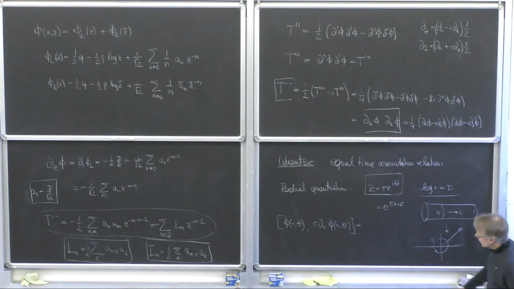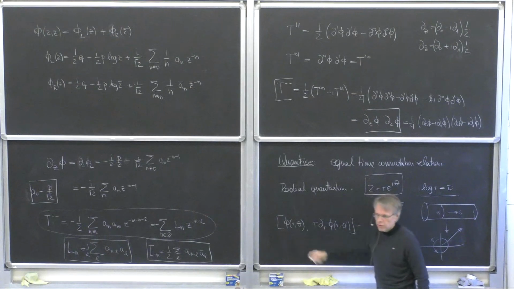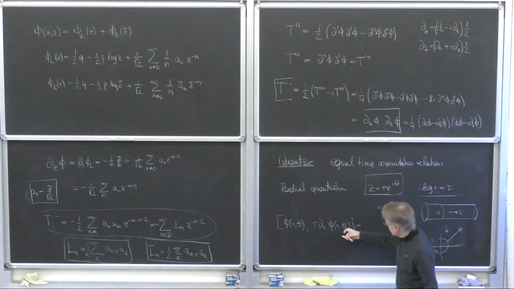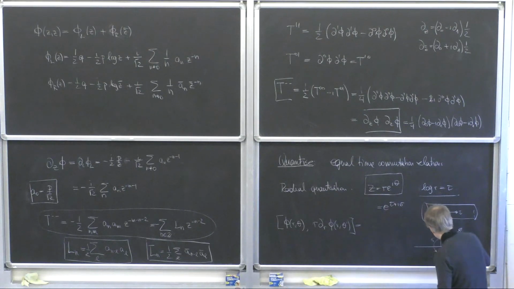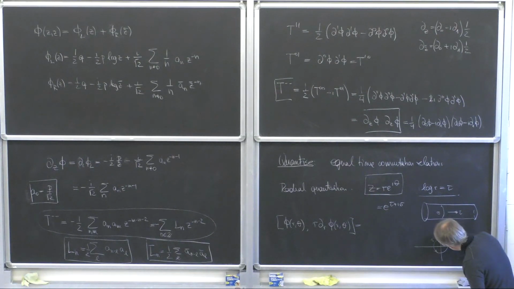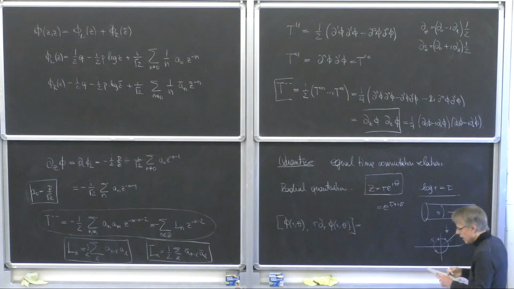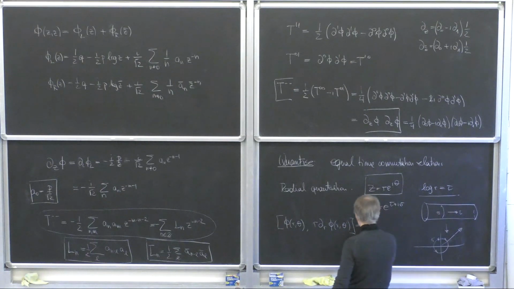So this is the momentum field, this is the position field, and you choose r to be the same, but they're sitting at different positions in space. They sit on a circle at fixed time, but at different positions in the theta direction on your complex plane, and then you impose that this should be equal to 2 pi delta of theta minus theta prime.